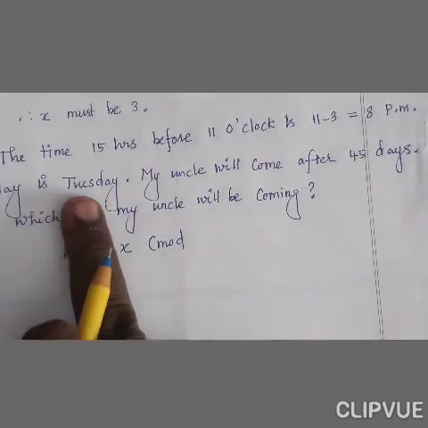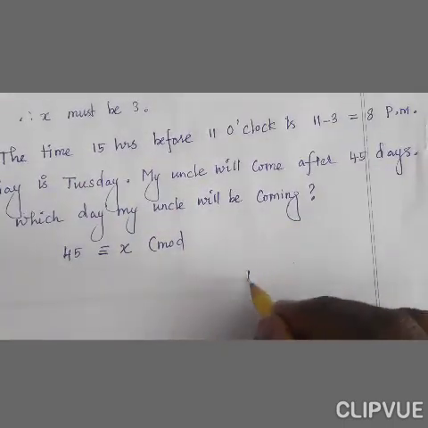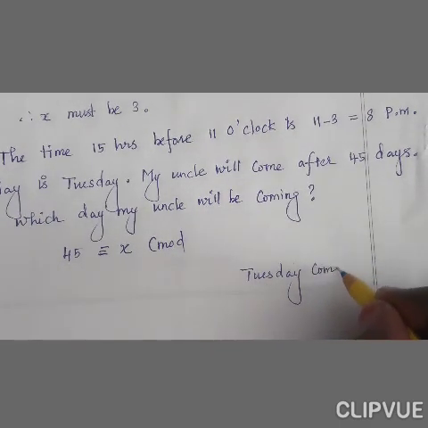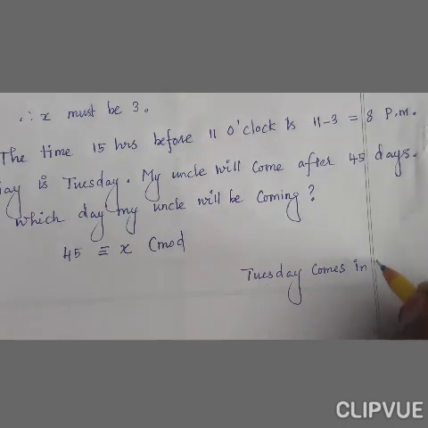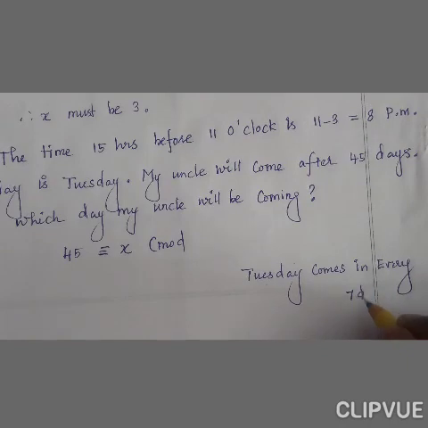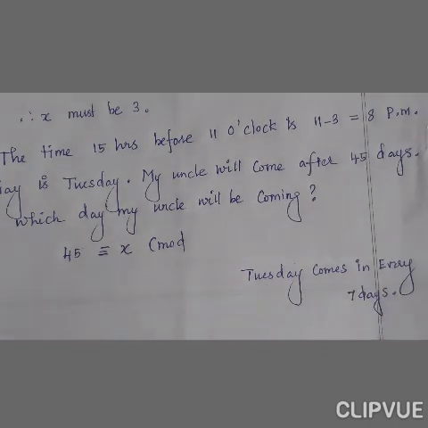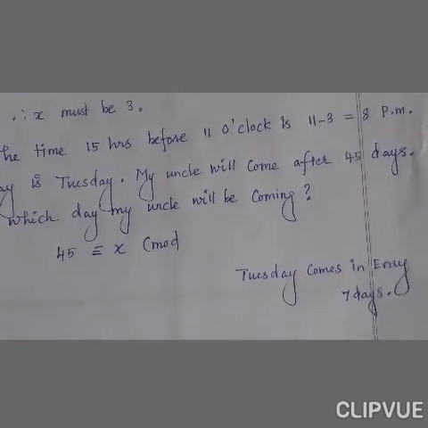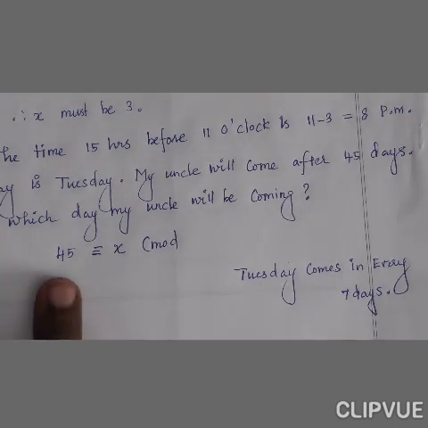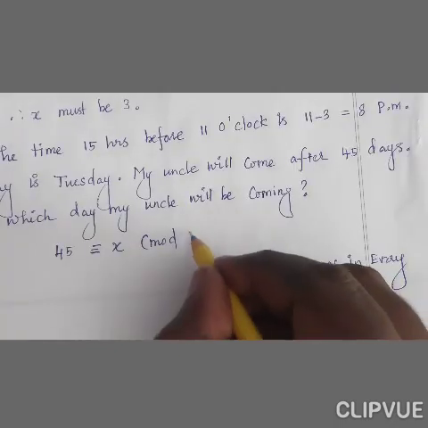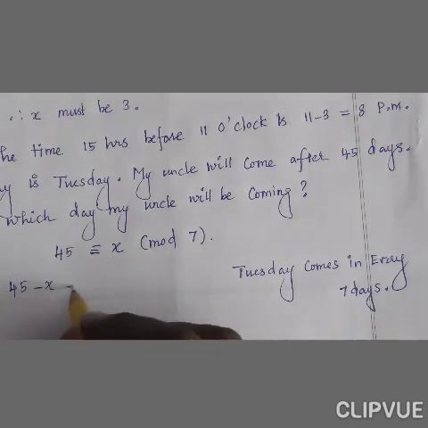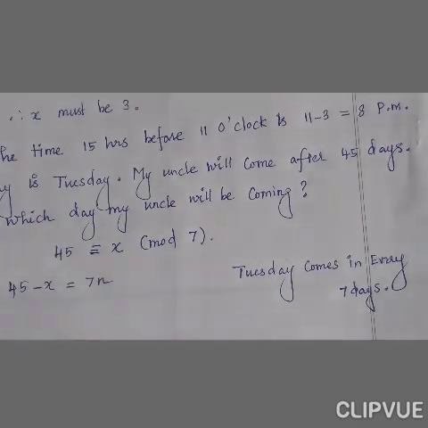Here, this Tuesday comes in every 7 days. Tuesday comes in every 7 days. That's why we have taken 45 congruent to x mod 7. So 45 minus x is equal to a multiple of 7.